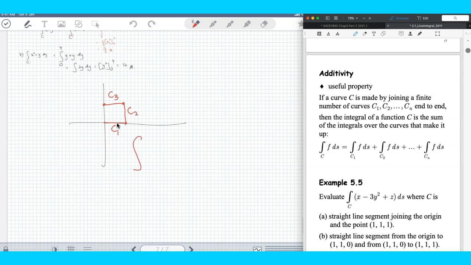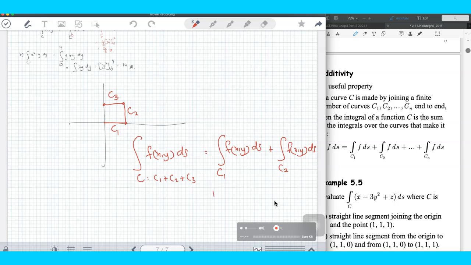In general, when the curve C is the combination of C1 plus C2 plus C3, you compute the line integral for each curve: the line integral along C1, plus the line integral along C2, plus the line integral along C3.